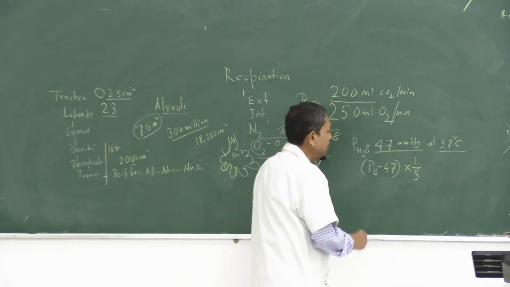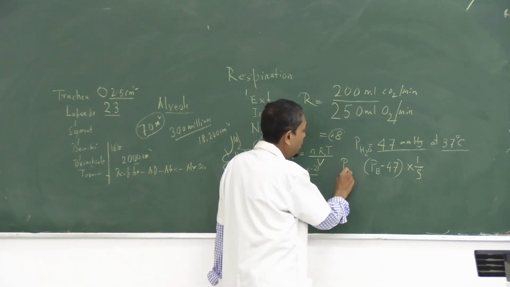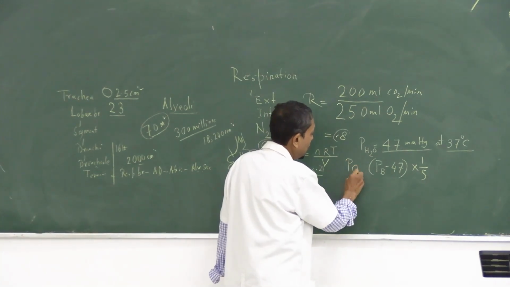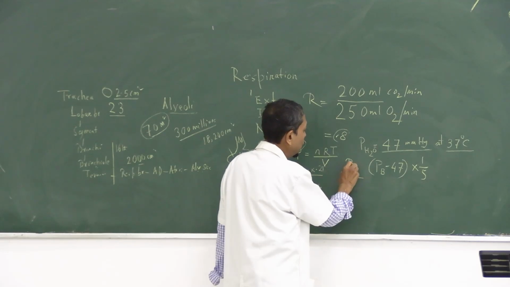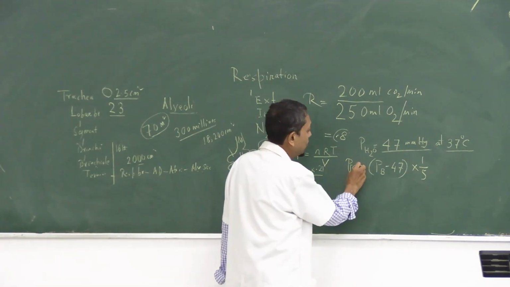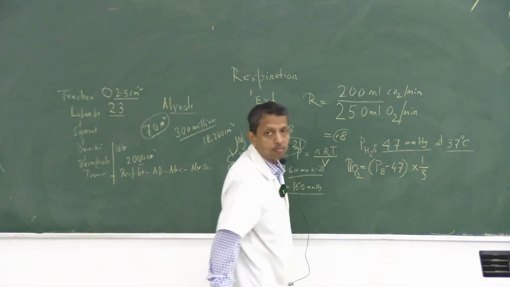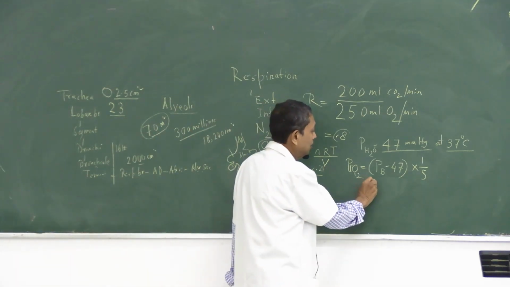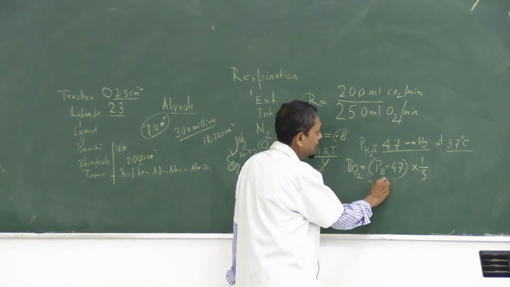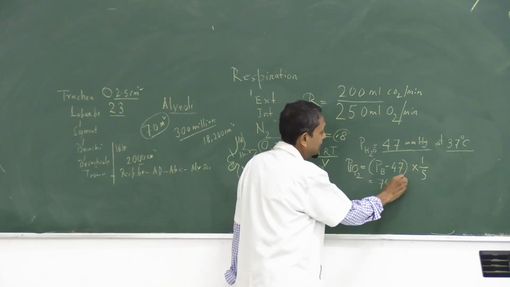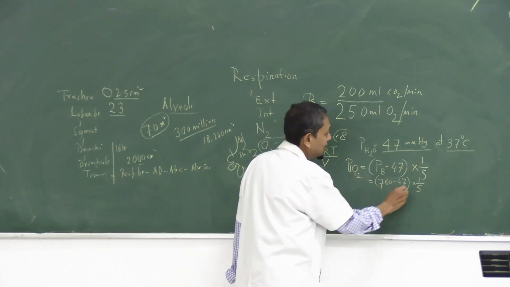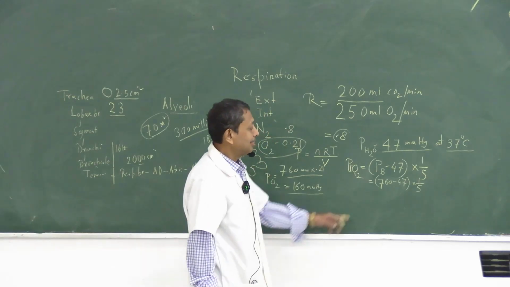Then you get the value of PO2 of inspired air, PiO2, that is entering into the alveoli. And this value becomes 760 minus 47 into 1 by 5. And you get some value.